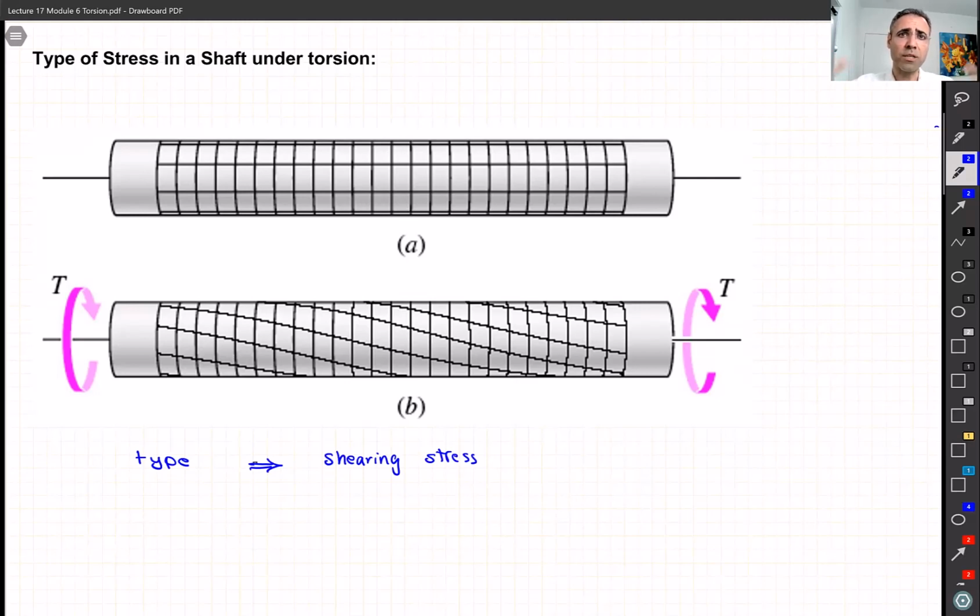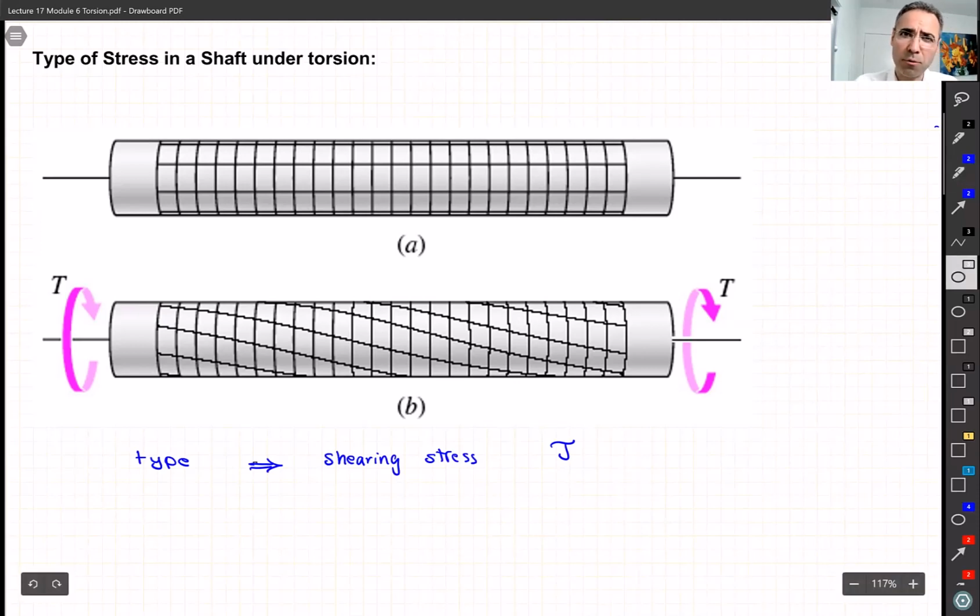Now you try to twist this long shaft, basically, and these coins try to slide on top of each other. So it's going to be shearing stress, all right? So that's our first task. And shearing stress, you remember we usually show it by letter tau. The normal stress by sigma, shearing stress by tau.